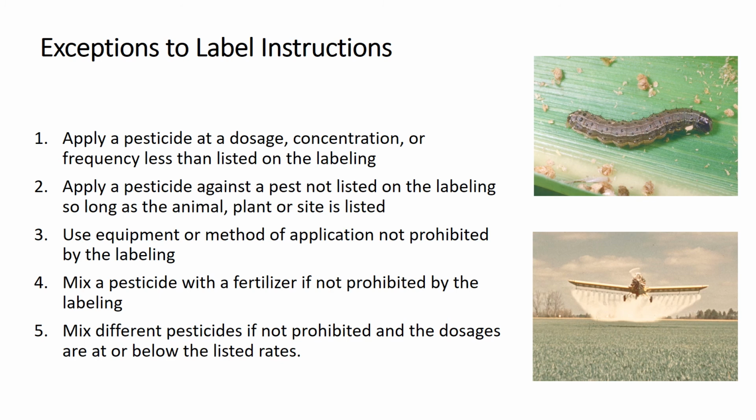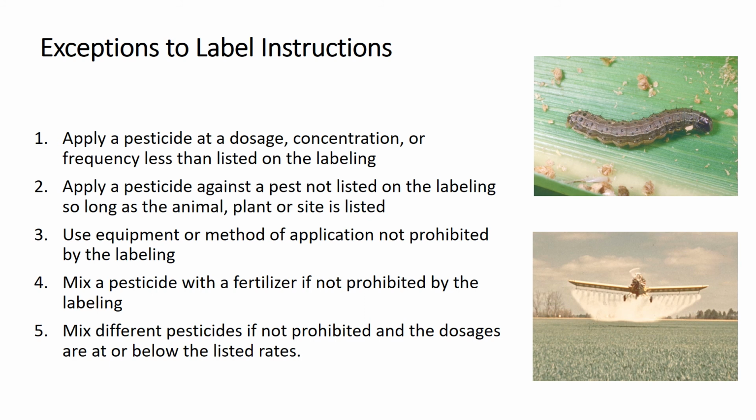The next one says mixing with fertilizer. Nobody likes to make any more trips than they have to. Right. We are all busy. It costs money to go across the field. We want to put as much stuff together as we possibly can, but maybe that's not necessarily the case. Sometimes we have to take another step or two to get the full utilization of the product.